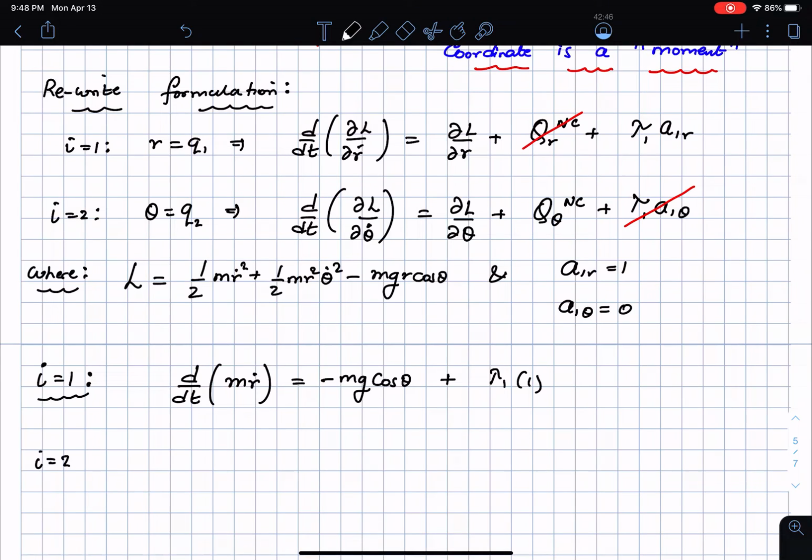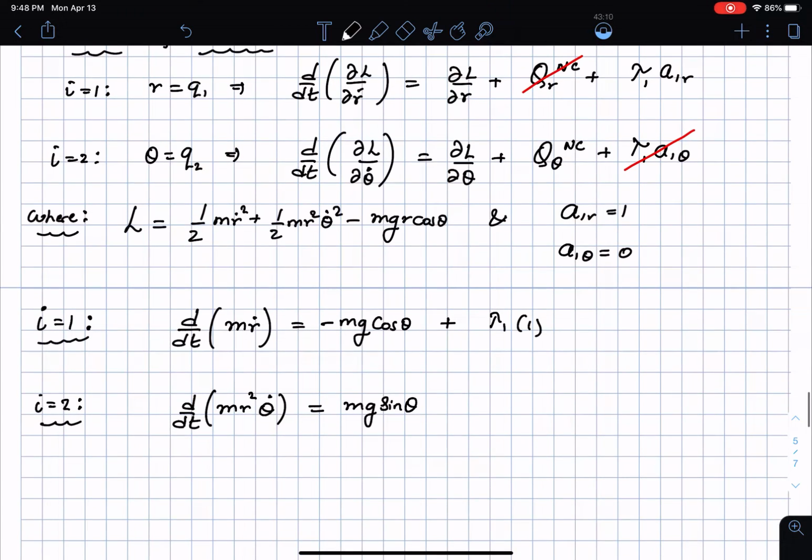For i equal to 2, I'm going to have d by dt of dL by d theta dot, so that's going to be m r squared theta dot. Okay, and that's going to be mg sine theta, and then Q theta nc, that's going to be minus mu k times N times r.